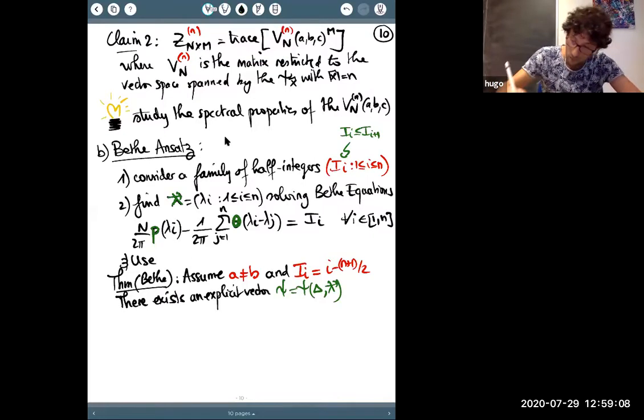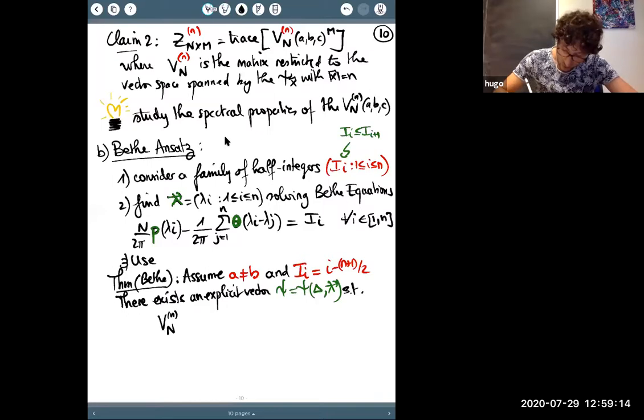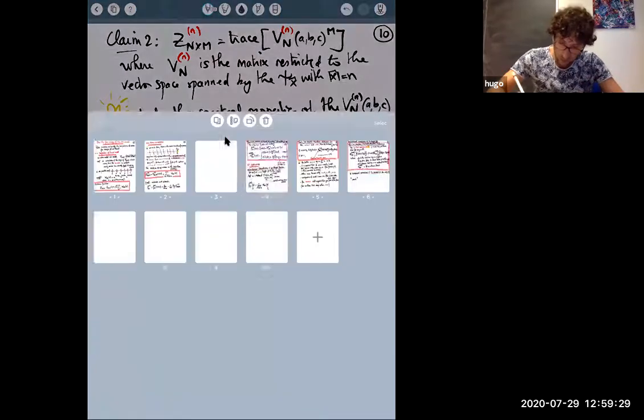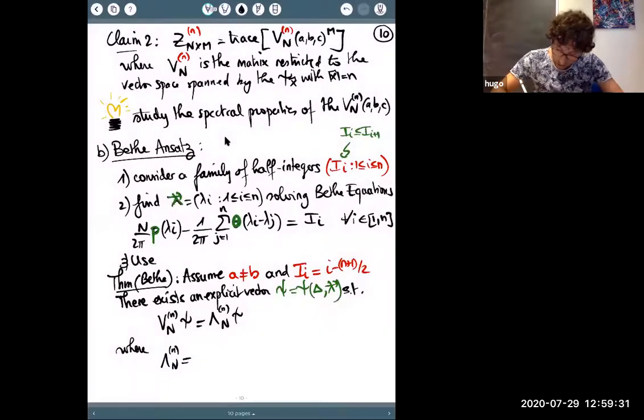So if I have a lambda, I can create a psi such that this psi satisfies that Vn, when I apply it to psi, is equal to lambda capital N psi, where lambda capital N is given by a certain formula. It's a function, by the way, of delta n lambda again.